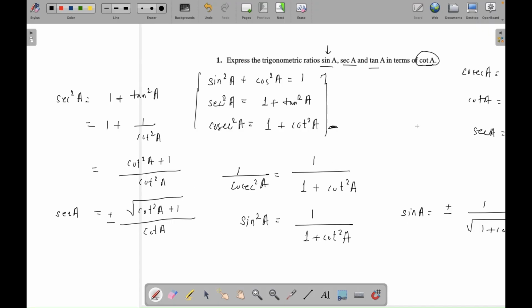So if you have to write this in terms of cot A, you should only have cot A on the right hand side, nothing else.